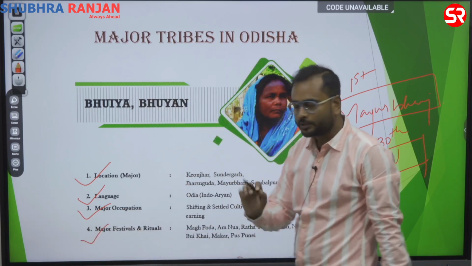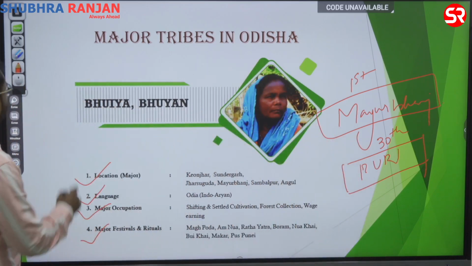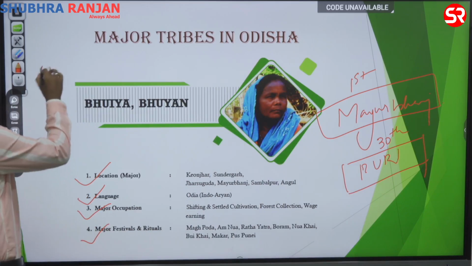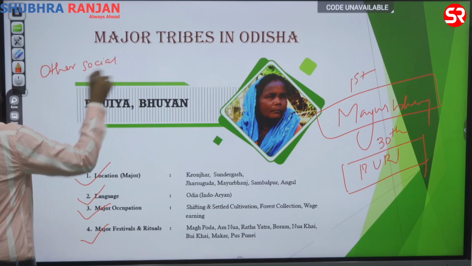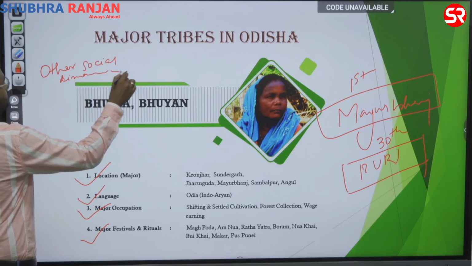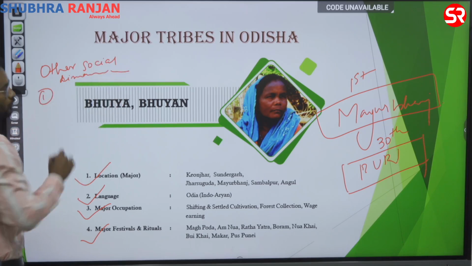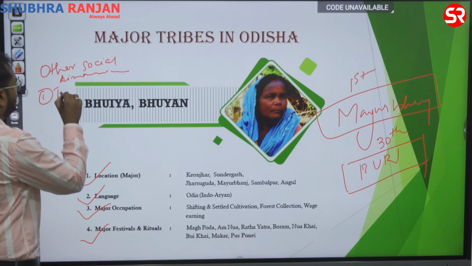Apart from them, if you look at other social dimensions, the first thing you can look up to is the type of marriage.